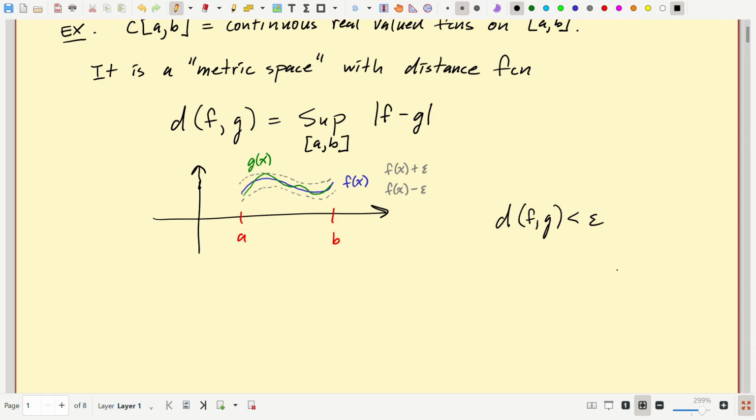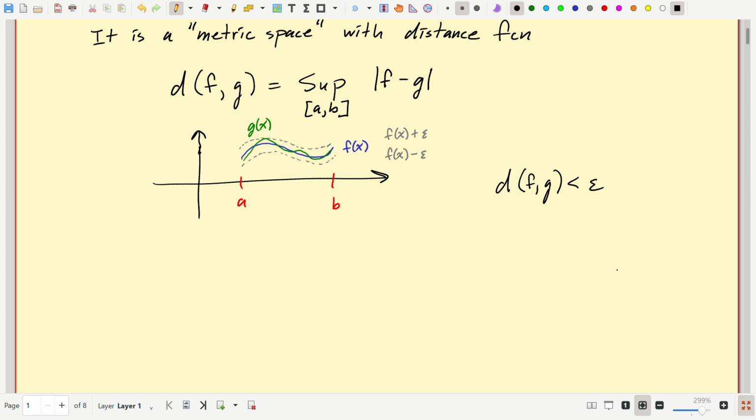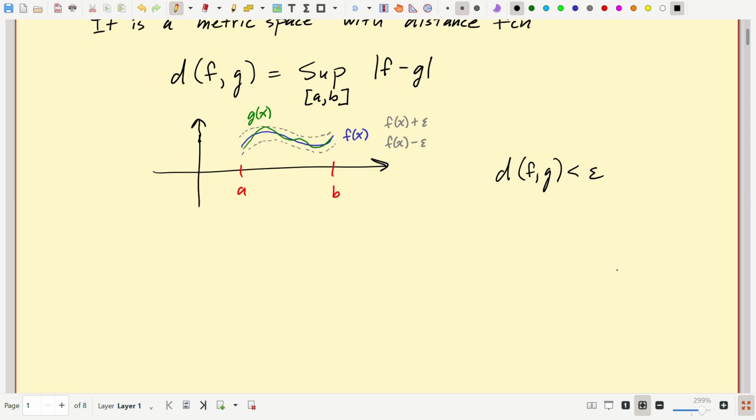And so there are fun things when you start thinking in this context of a space, with functions as points in a space.